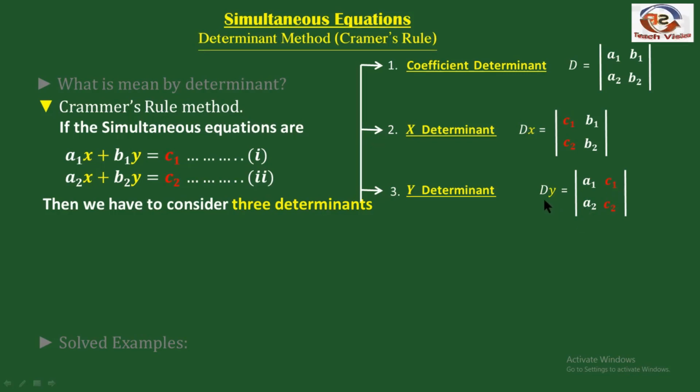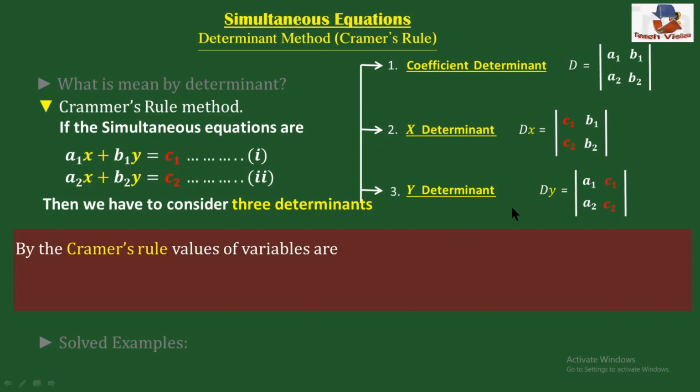It means when we consider a y determinant, then we have to take the coefficient values of x variable as they are, a1, a2, and we have to replace the coefficient values of y variable, which are b1, b2, by constant values c1, c2.